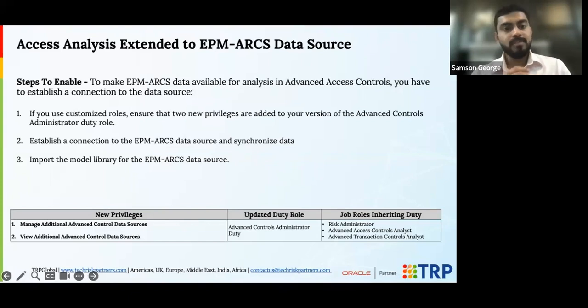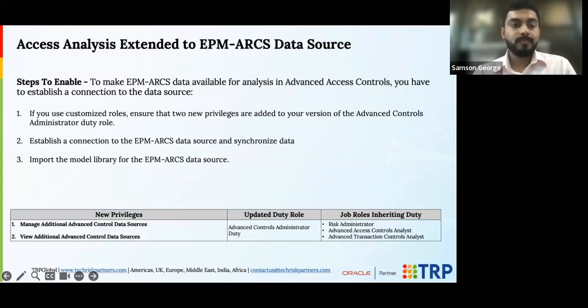A similar kind of seamless integration or synchronization now needs to be done for EPM as well, to extract the role responsibility information from EPM and bring that into Risk Management Cloud for processing. With that processing engine sitting in Risk Management Cloud, you can perform all the activities for EPM ARCS as well, with a selective list of models which will start appearing in your environment once you go to 23D, and with Risk Management Cloud coming in handy to help safeguard the EPM side from an access perspective.